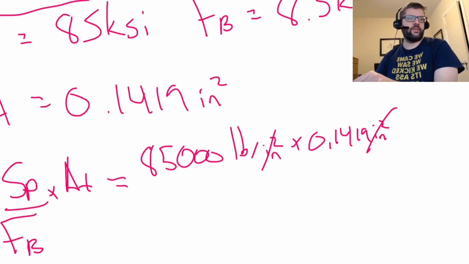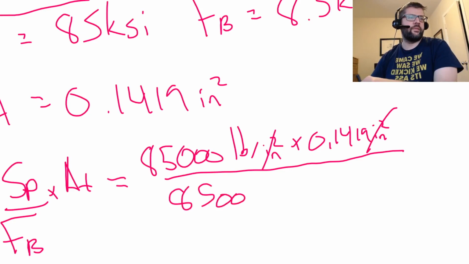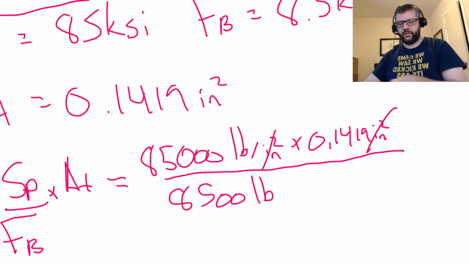Inches squared cancels out. Then divide by our Fb, the load, which is 8,500 pounds. Pounds cancel out. That's 85,000 times 0.1419 divided by 8,500.